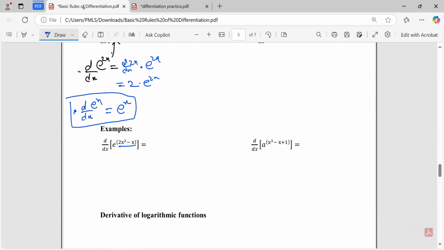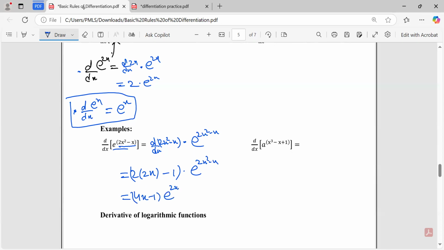We need to take the derivative of the power, that is 2x square minus x, times the whole function as it is. The derivative of 2x square: 2 stays out, and the derivative of x square by the power rule is 2x, minus the derivative of x, which is 1. So this is 4x minus 1, and the function stays as it is, e raised to power 2x square minus x. So the final answer is (4x minus 1) times e raised to power 2x square minus x.